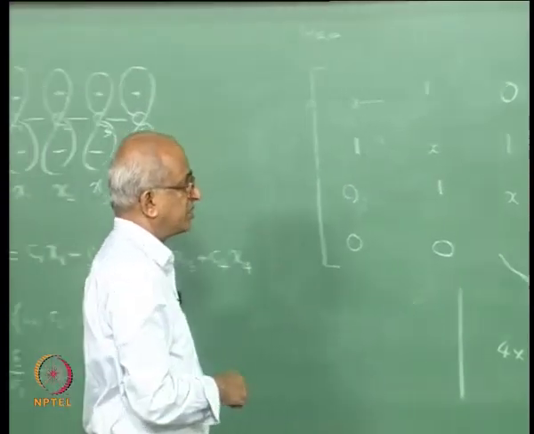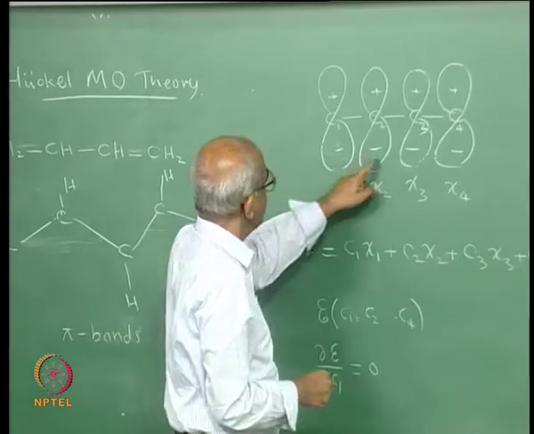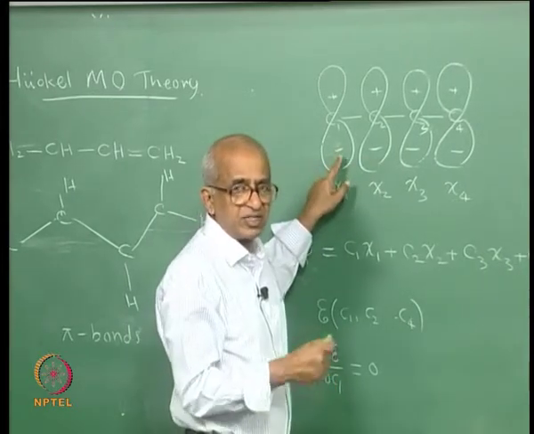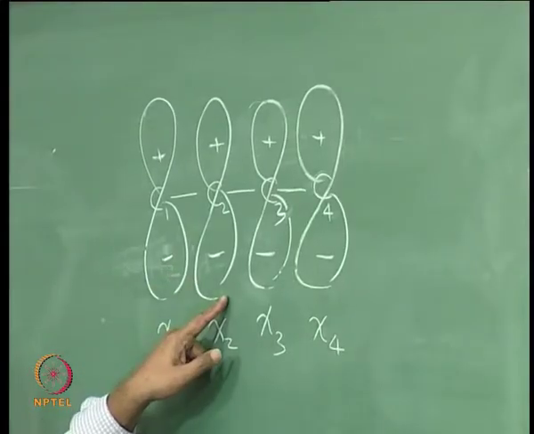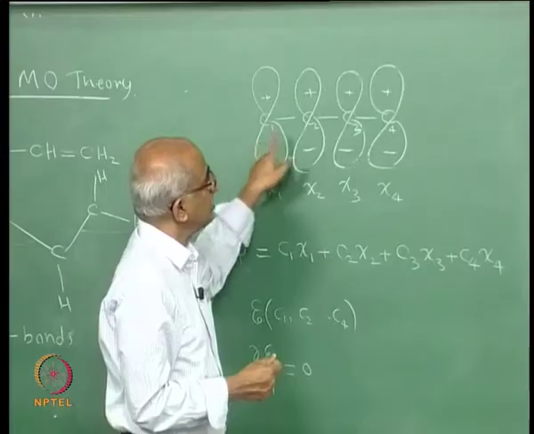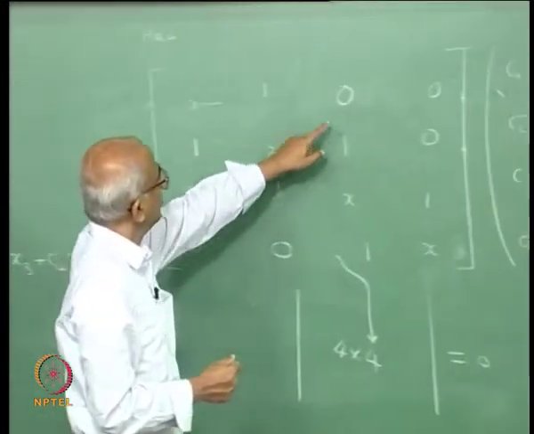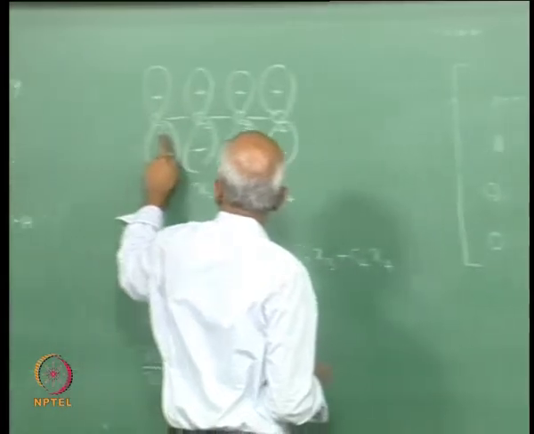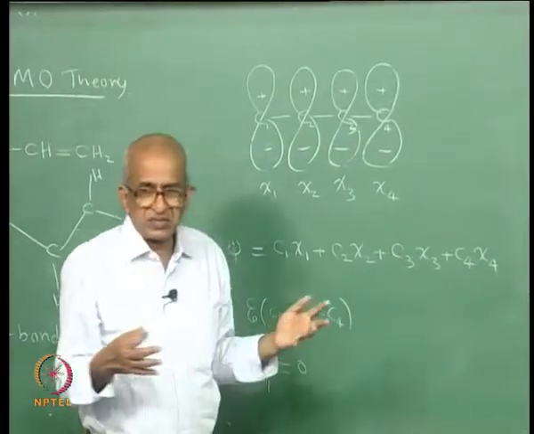What does that 1 represent? It essentially arises because your carbon atom 1 and 2 are interacting. I should not say carbon atoms, but the atomic orbitals on the carbon atoms 1 and 2 are interacting. So, because C1 and C2 are neighbors, you have this 1 here. So, you have a 0 there. Why? Because carbon atoms 1 and 3 are not neighbors. So, the prescription is actually very simple.